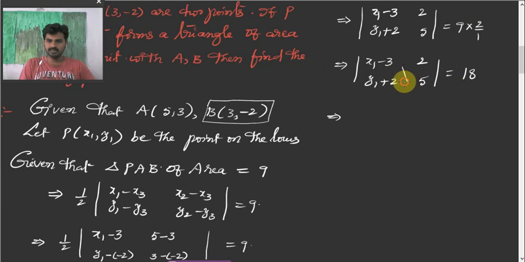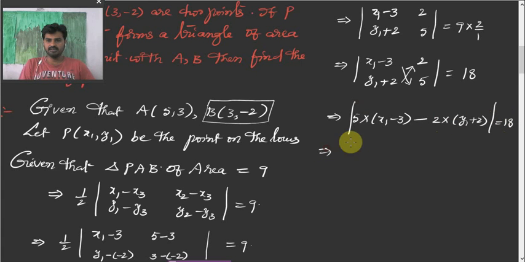Here, doing cross multiplication like that: 5 into x1 minus 3, then going upward you can put the negative value, that is 2 into y1 plus 2. Okay, modulus is equal to 18. So finally multiplying by 5, you get 5x1 minus 15.